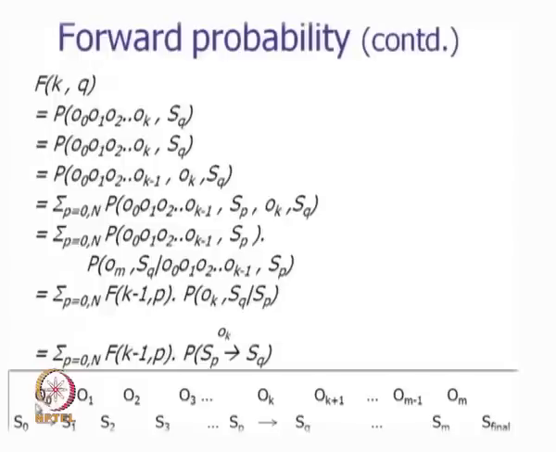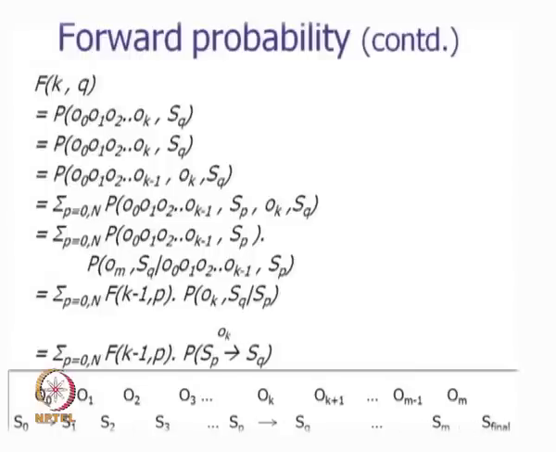O 0 is typically epsilon, where we go into one of the starting states, or if there is a unique starting state, we go there. Then O 1, O 2, O 3, O k, O k plus 1, up to O m is the whole observed sequence, and after O m the system enters a final state, which can be one of the given states in the machine.